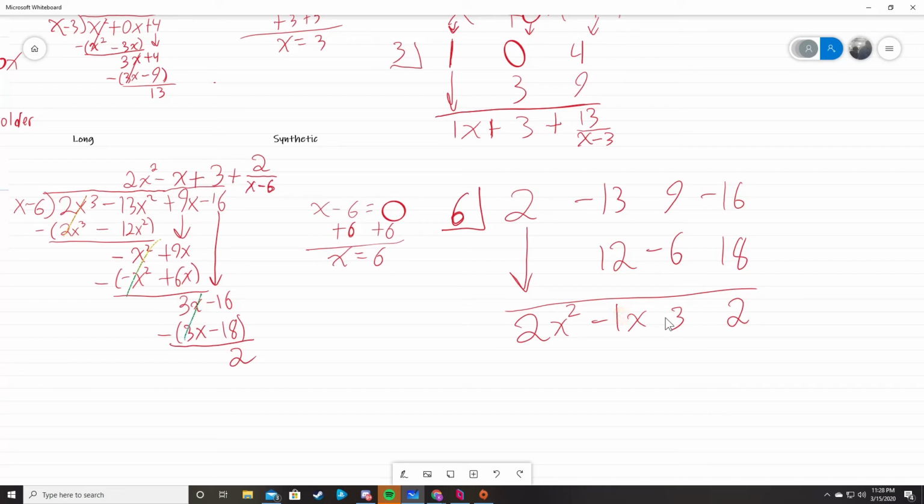Then our last term, our 3, doesn't have an x, but then our 2 has that nasty little fraction in here. So we're going to put that nasty little fraction right there. And then we're going to put in any signs that we need to. We got to put a plus sign between x and 3, and a plus sign between 3 and 2 over x minus 6. So we'll end up with the same answer.